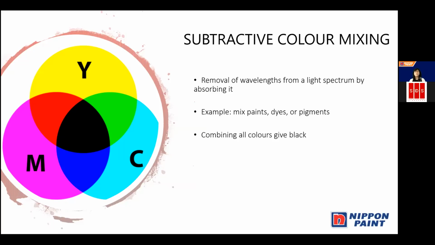As I mentioned earlier, these are used in the mixing of paints or dyes or in the manufacture of pigments. Combining all these colors, or removing all these wavelengths, will give us what we call black. Unlike additive, where it will be white, this one will be black.